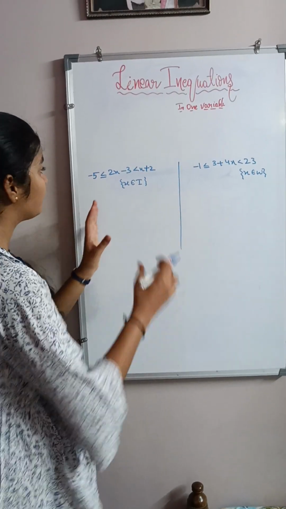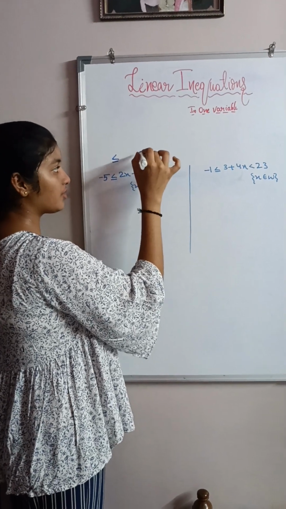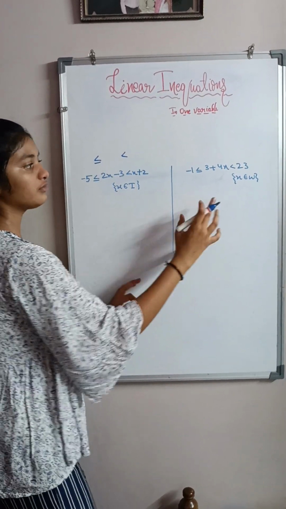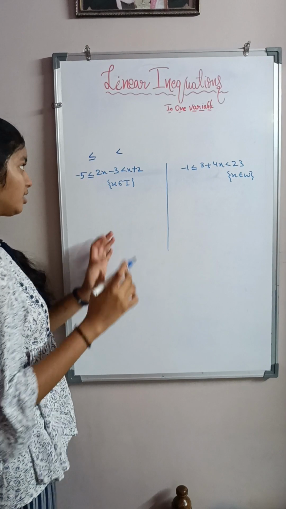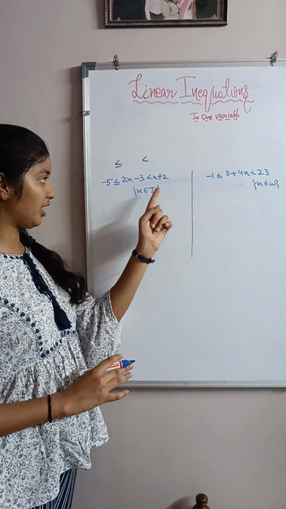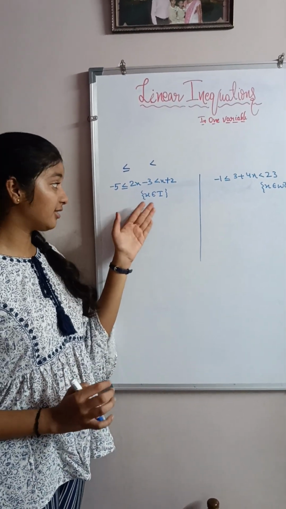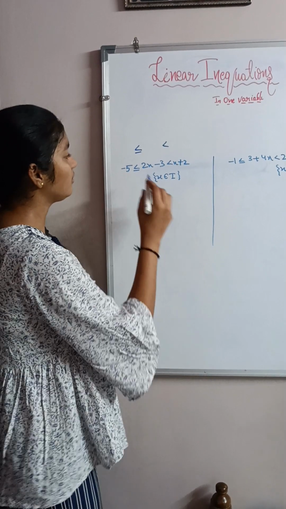Okay, let's solve these examples. In this we have two signs, that is less than or equal to and less than. Let's solve this equation: minus 5 is less than or equal to 2x minus 3 is less than x plus 2, where x is equal to integers.